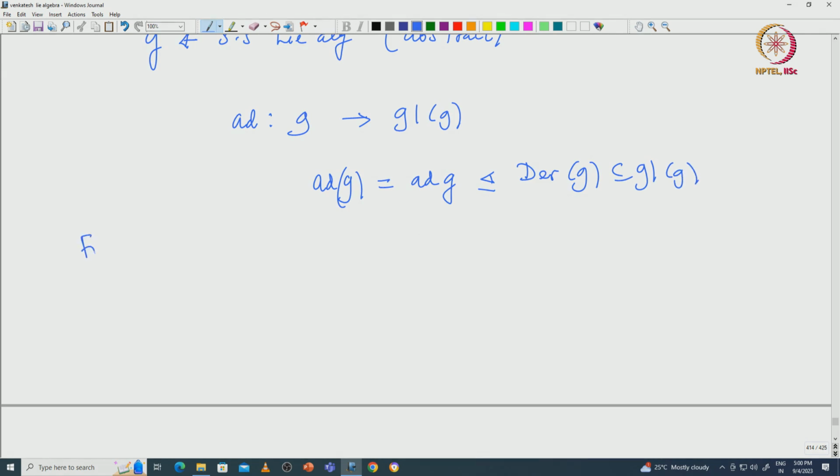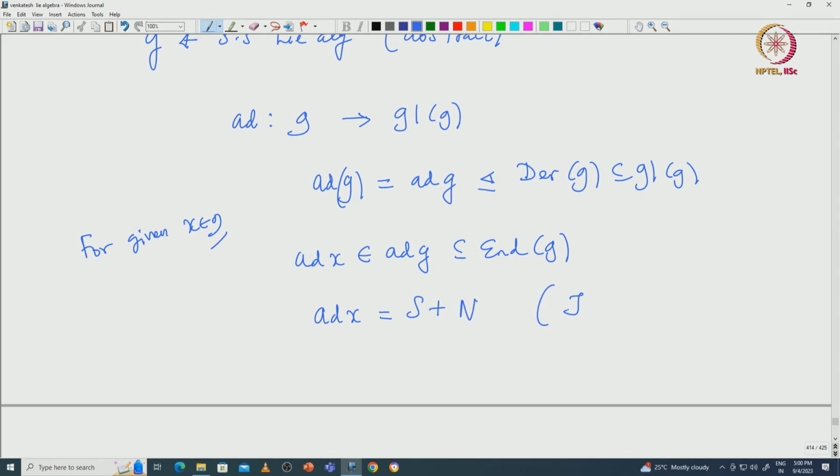Now, for a given element x in G, one can look at ad x, which is an element of ad G. Since ad G is sitting inside the endomorphisms of G, one can talk about the Jordan-Chevalley decomposition of ad x, which we denoted by capital S and capital N. This is the Jordan-Chevalley decomposition.